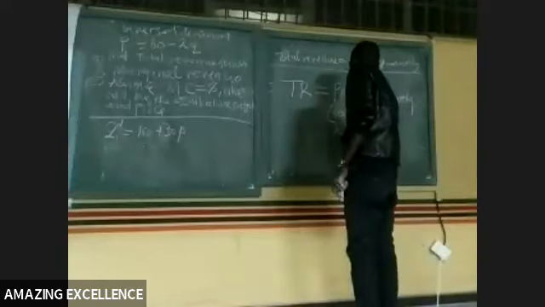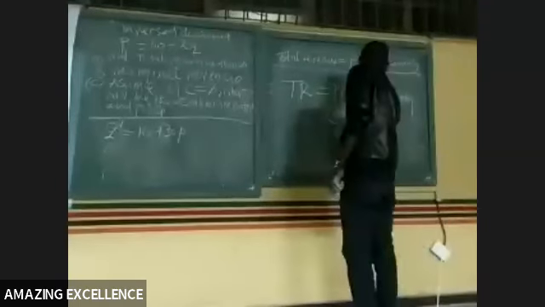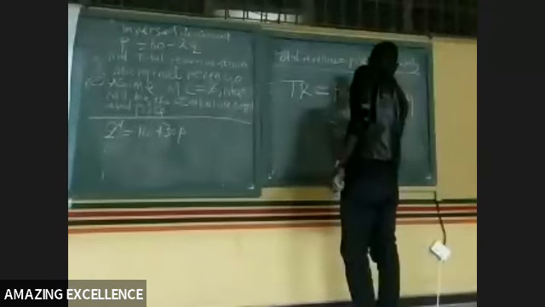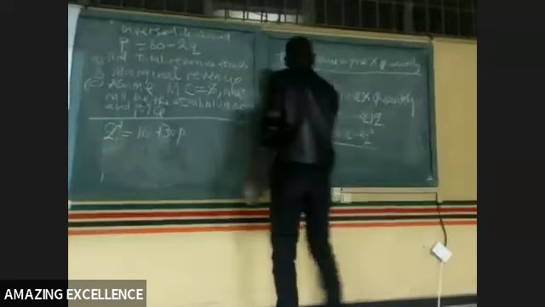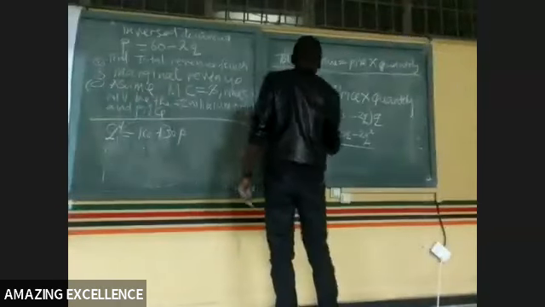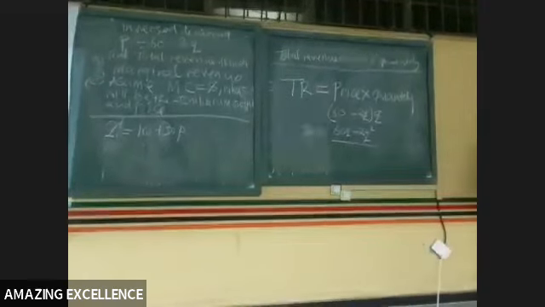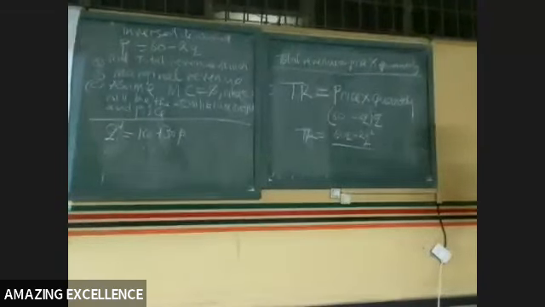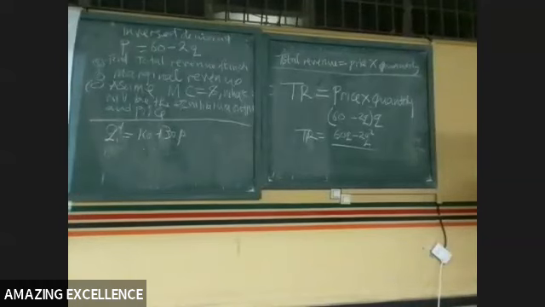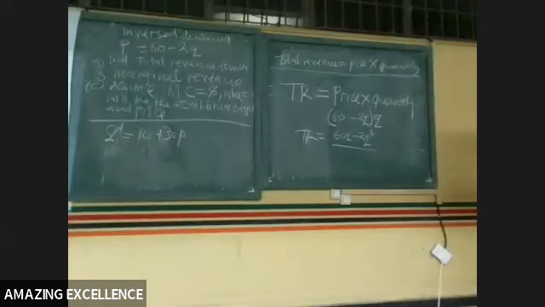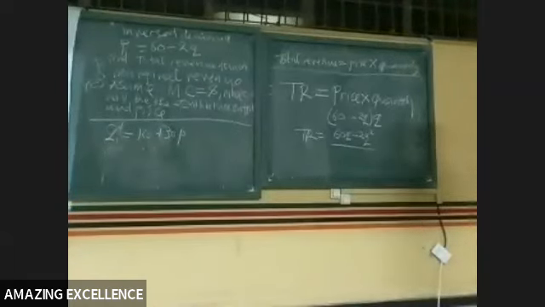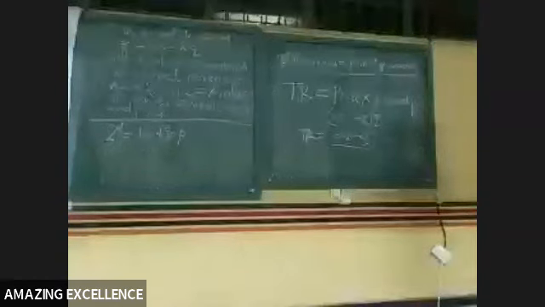It will be 60Q minus 2Q squared. This will be the total revenue function. So in short, you just get the price that you have been given, multiply by quantity. Since revenue is price times quantity, then we have the total revenue function.